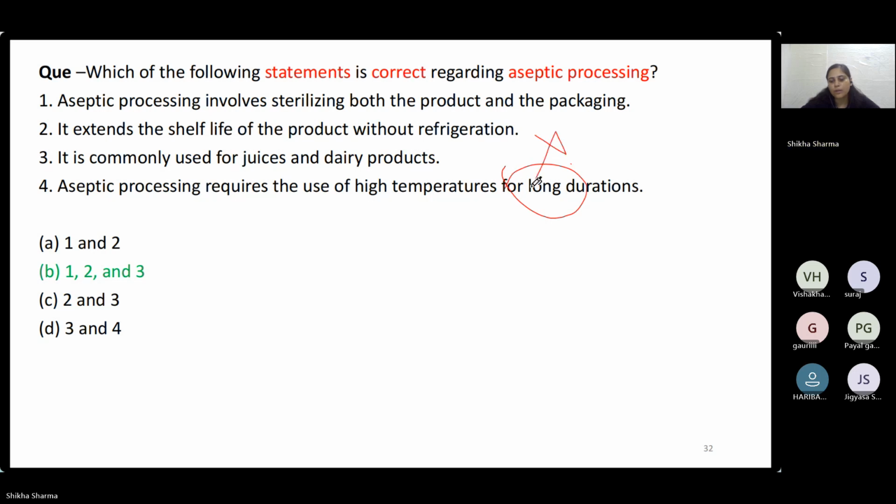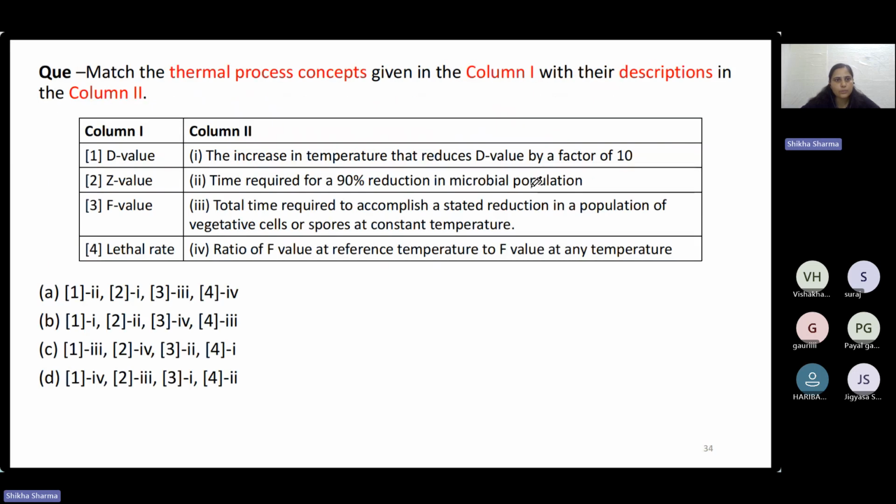Now let's discuss the match the following question about D value, Z value, F value, and lethal rate. These are the different process concepts in column 1.